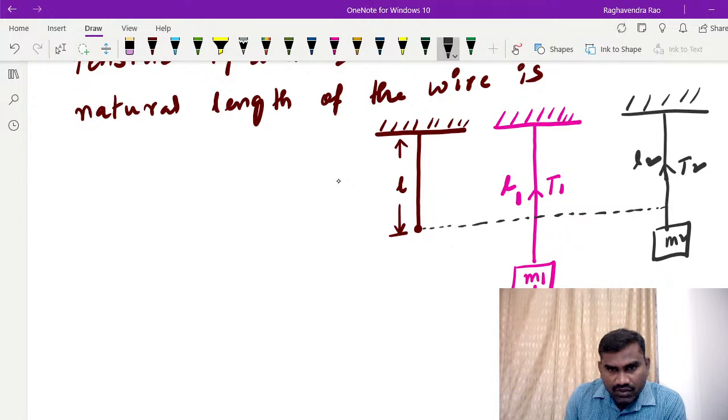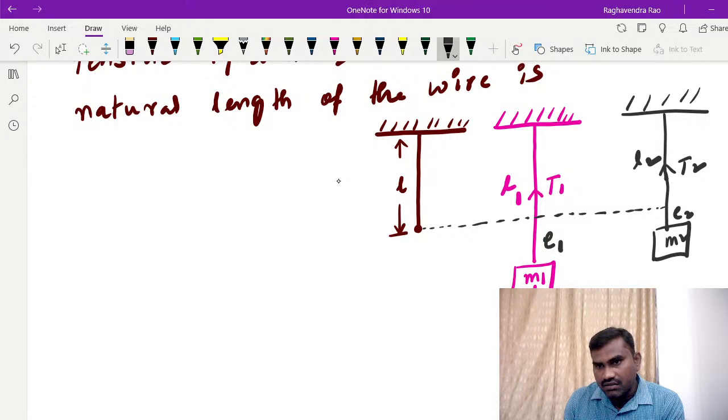Then what is the original length L of this wire? Because of tension T1, there is elongation produced, which we write as E1. Because of tension T2, the elongation produced is E2. Now elongation is directly proportional to the tension applied.